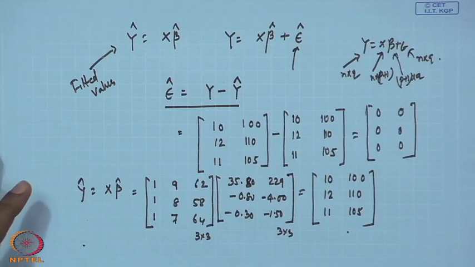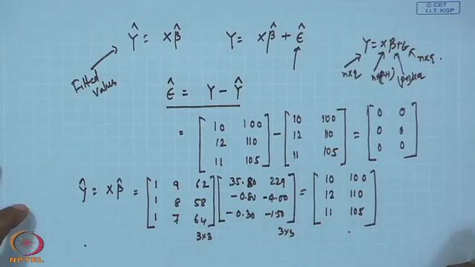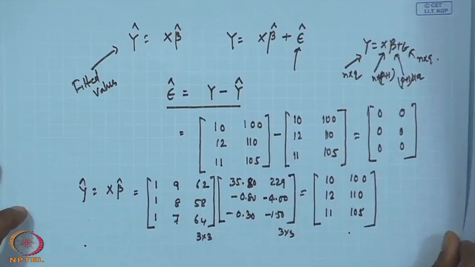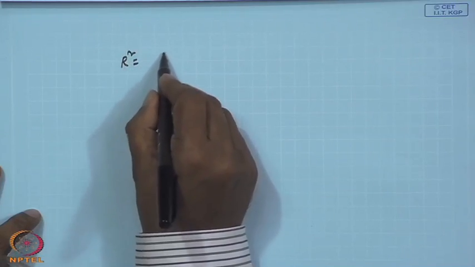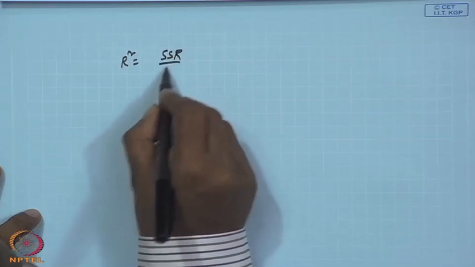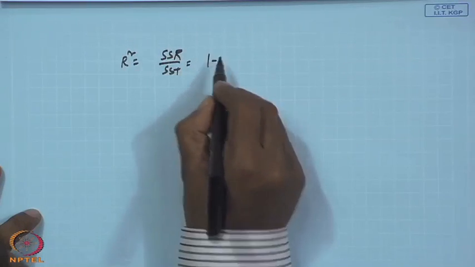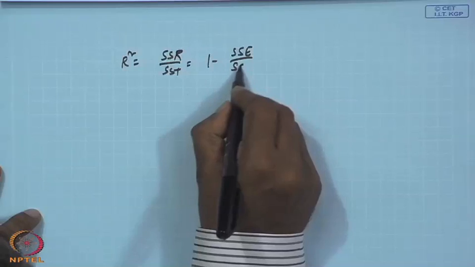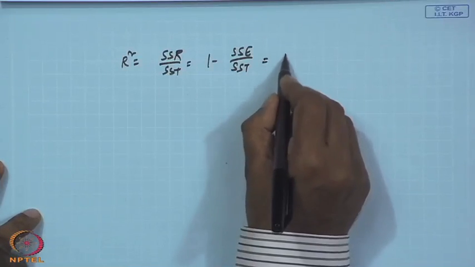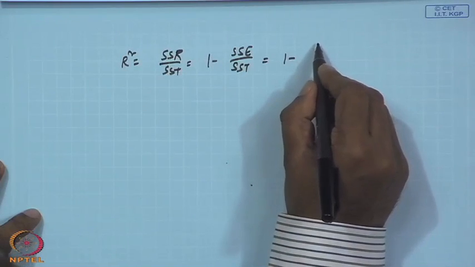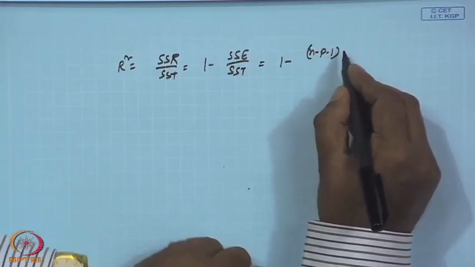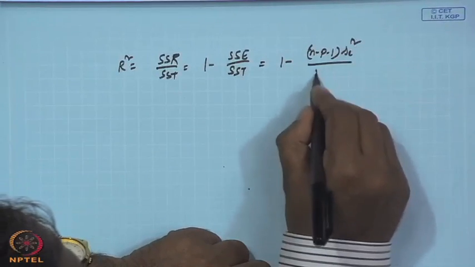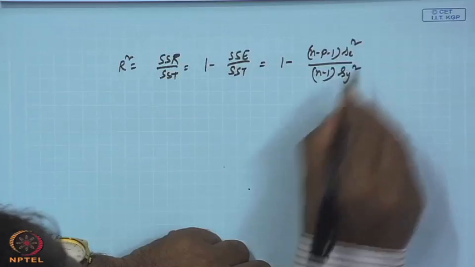This is happening because if you recall the multiple regression case, there we have seen that r square equals SSR by SST, and then we have written 1 minus SSE by SST, then 1 minus n minus p minus 1 into SE square by n minus 1 into SY square.